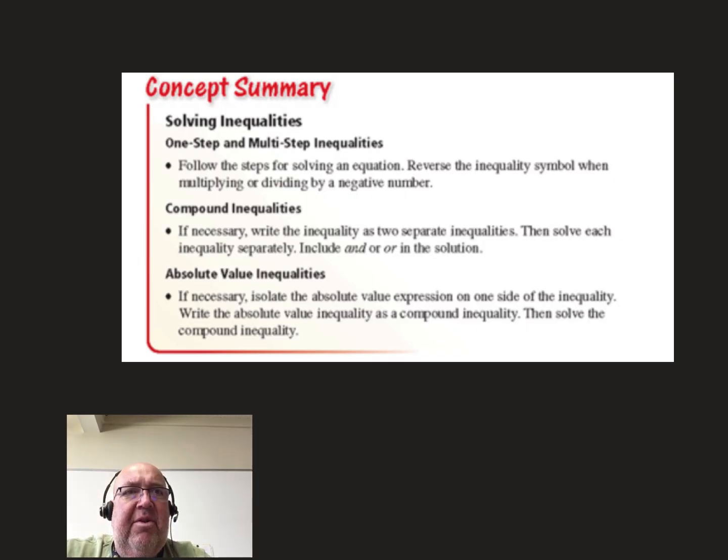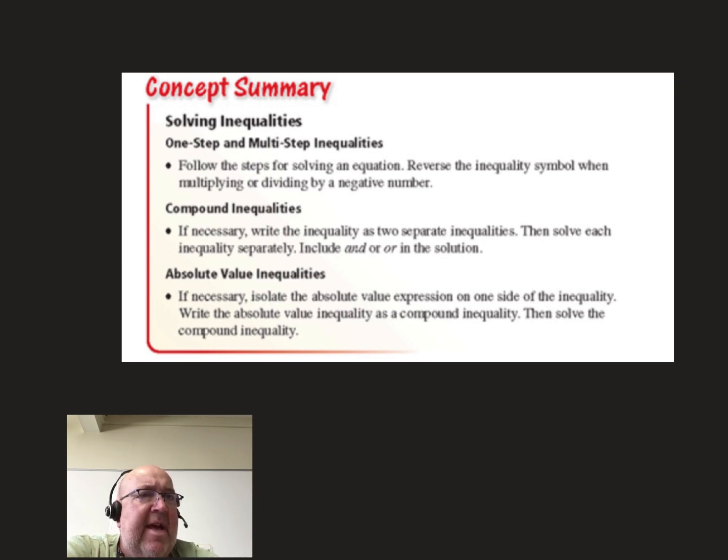Real quick review of inequalities. From one step to multi-step, follow the steps of solving an equation. Reverse the inequality whenever you're multiplying or dividing by a negative number. Compound inequalities: if necessary, write it as two separate inequalities. Solve them separately.